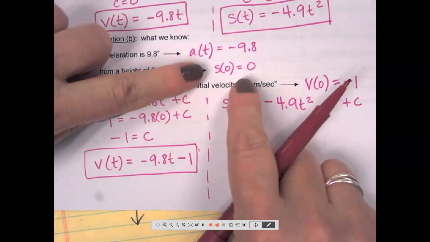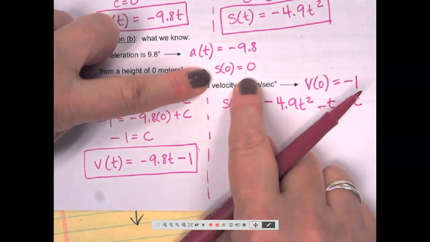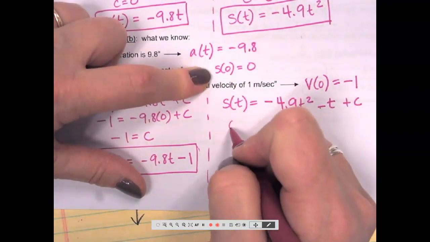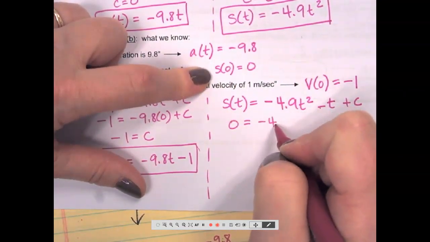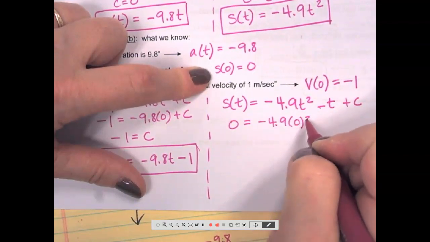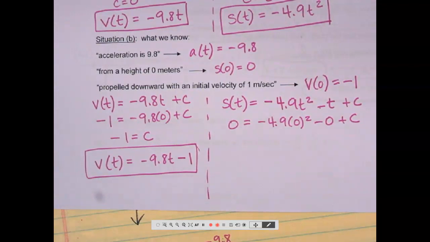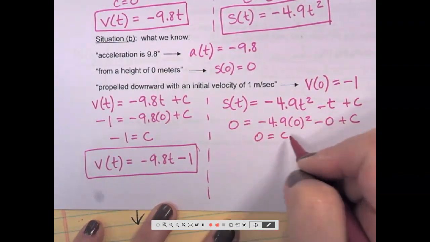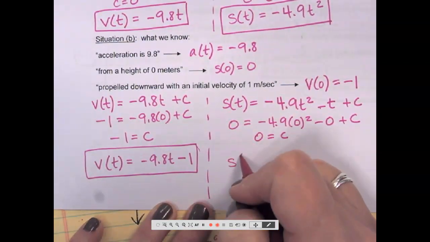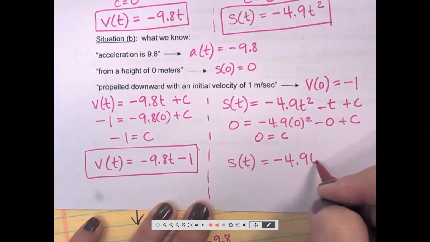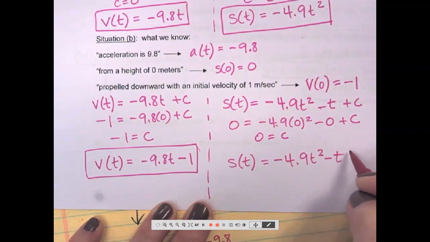What information do we have? I know that s of 0 equals 0. So when t is 0, position is 0. And what will c equal? Just 0. So that means the position function was negative 4.9t squared minus t.